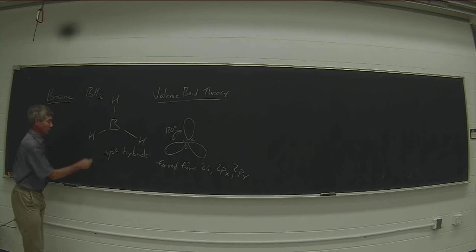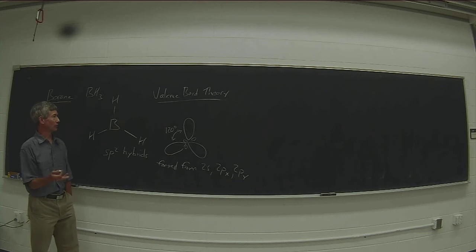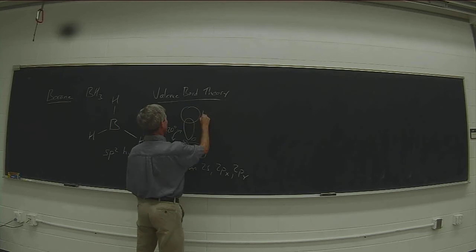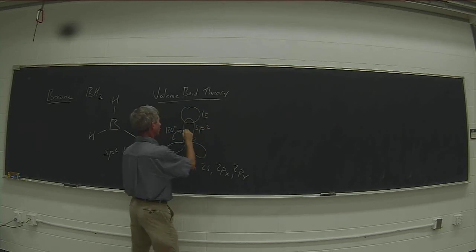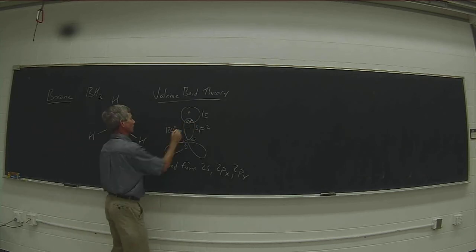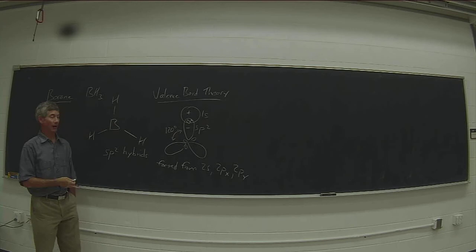And it's sp2, right? 2 of the 3 p orbitals combined with the s orbital to form 3 new sp2 hybrid orbitals. And then each of those sp2 hybrid orbitals would overlap constructively or destructively with one of the hydrogen 1s orbitals.